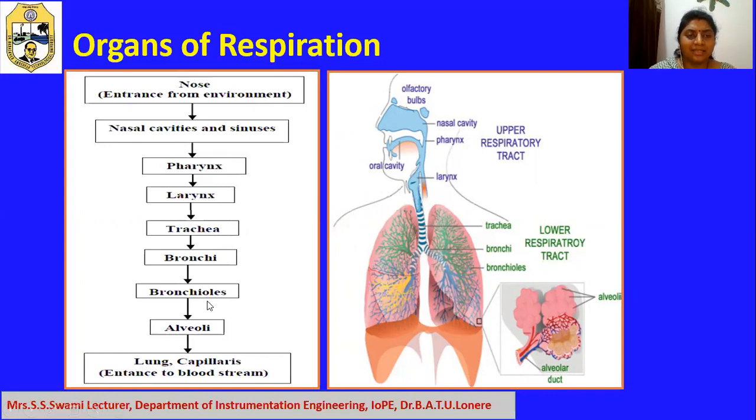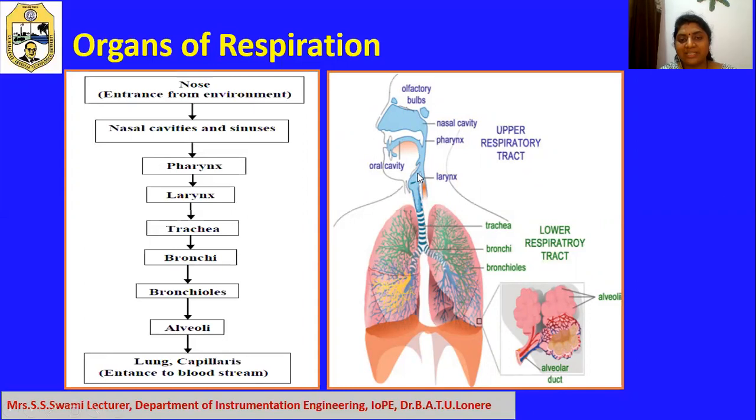Basically, this respiratory tract is divided into two parts, that is the upper respiratory tract and the lower respiratory tract. The upper respiratory tract involves the nose, nasal cavities, pharynx, and upper part of the larynx.